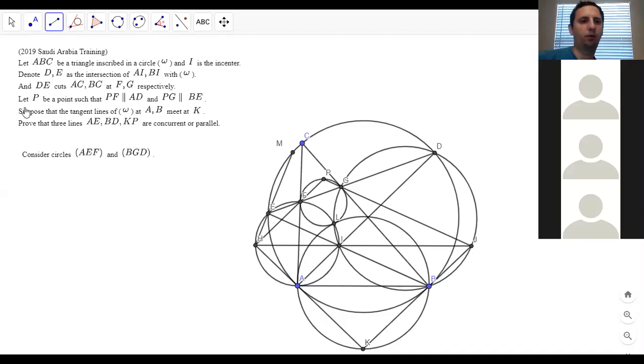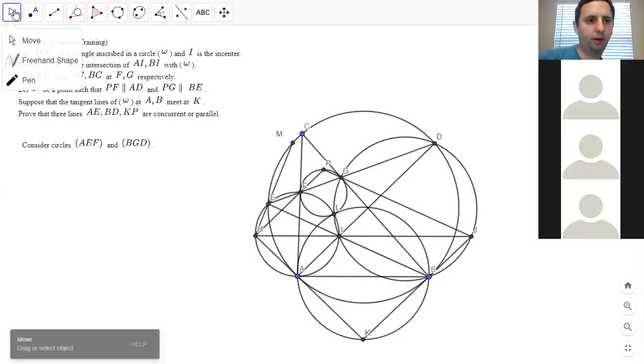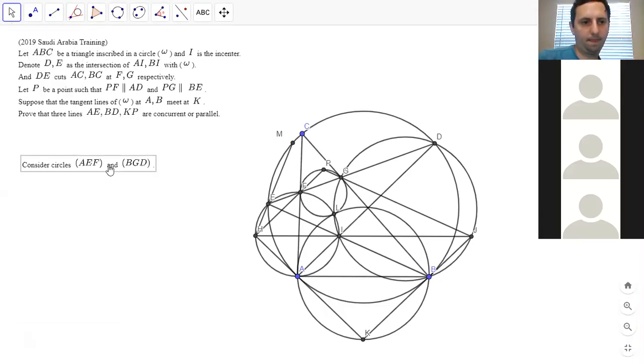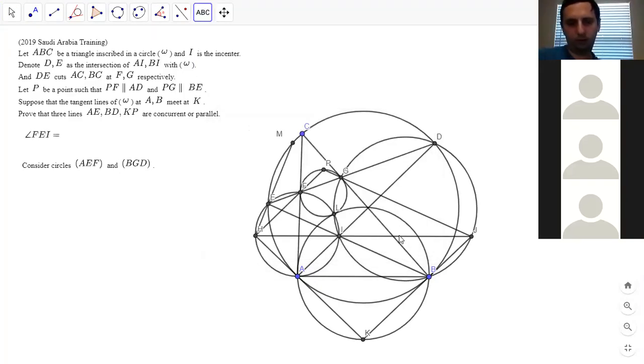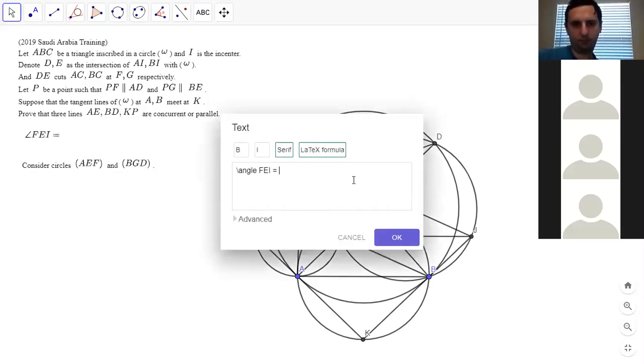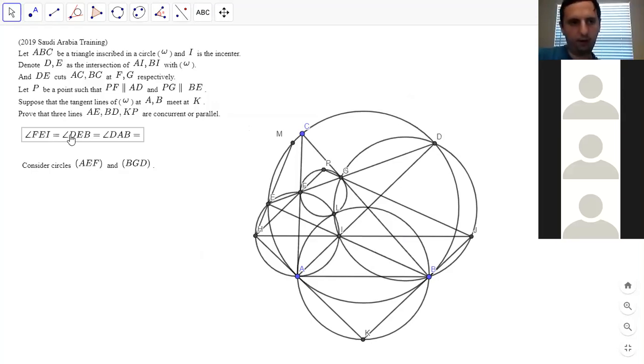Okay, so I'm going to start out just writing that. Angle FEI is equal to angle DEB, angle DAB, which is angle FAI.